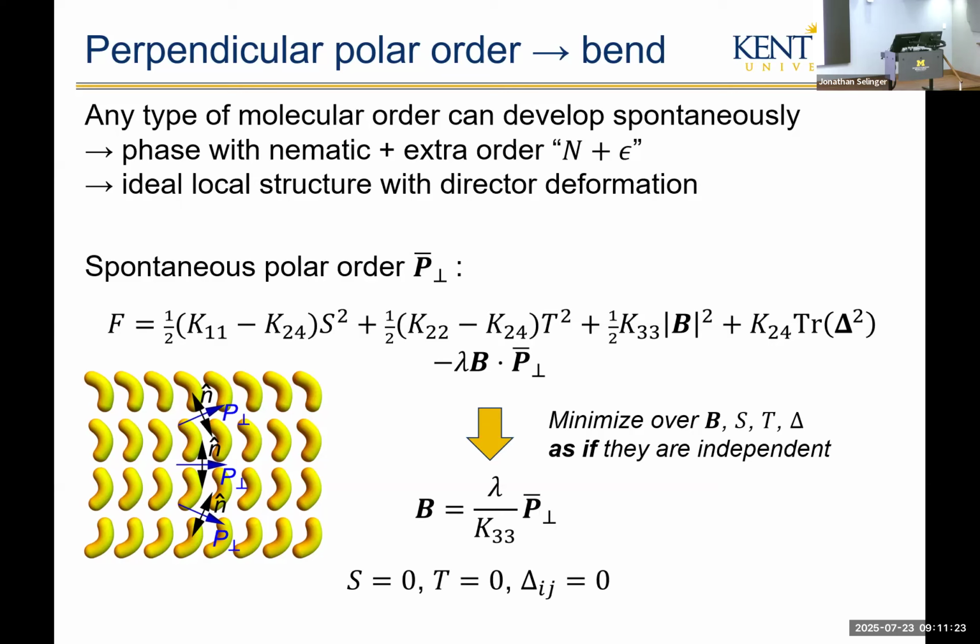You could express it as a picture, you could express it mathematically as a dot product between the bend and the polar order, which are both vectors perpendicular to n. Okay, and so this makes a situation where the optimal local state of the liquid crystal has non-zero bend, but zero splay, twist, and delta.